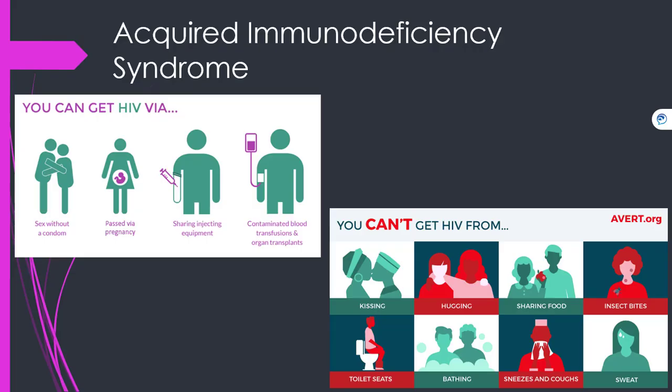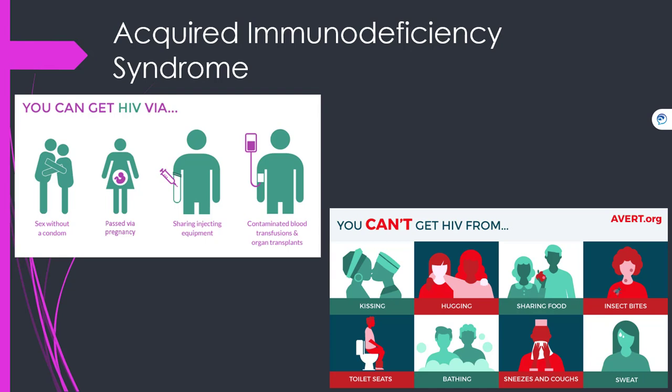Even with all the information about AIDS, people are still confused on how we can get it. You can contract the HIV virus by participating in sex with someone without a condom if they are HIV positive. An HIV-positive mother may pass the HIV virus to a baby during pregnancy.